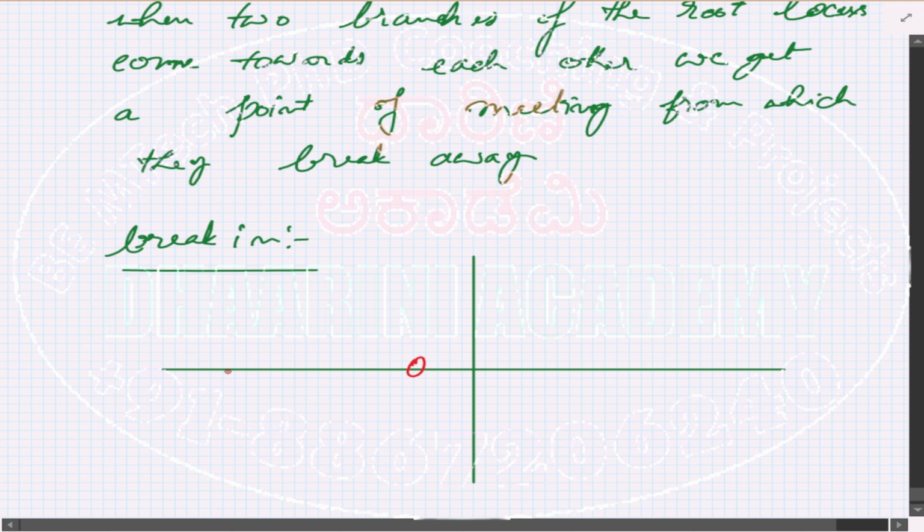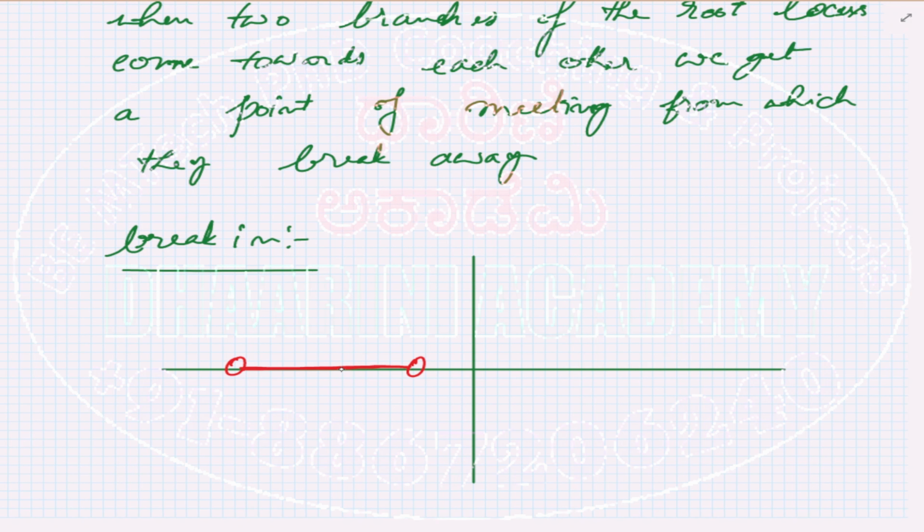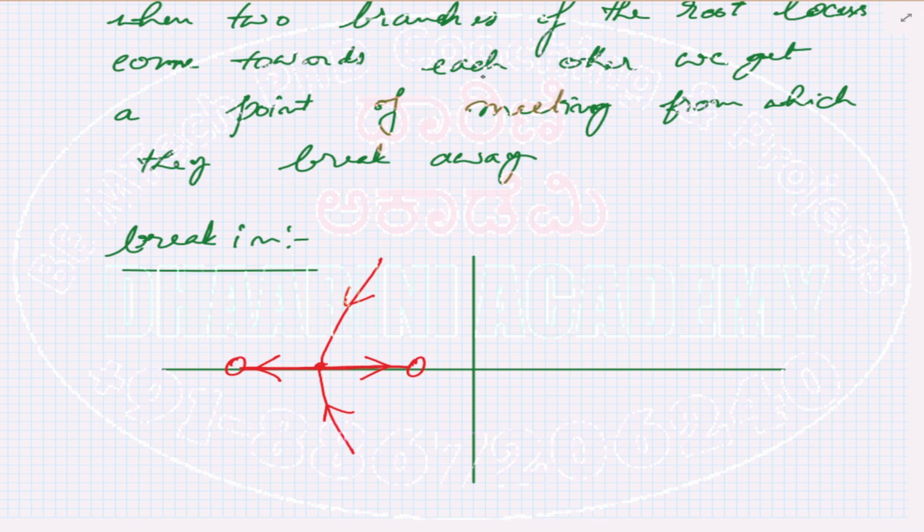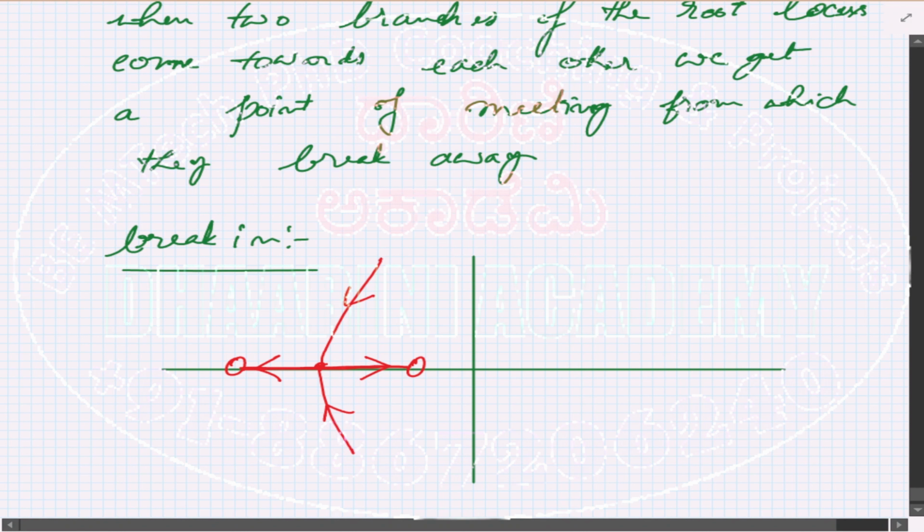So this is a zero, this is a zero. Once again, according to the basic rules of the root locus, I expect a root locus here. So it means there have to be two branches coming to this, like this, right? So somewhere at the middle, maybe they are coming into that, right?